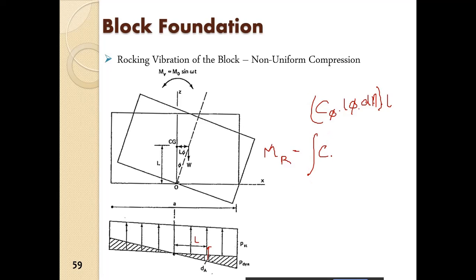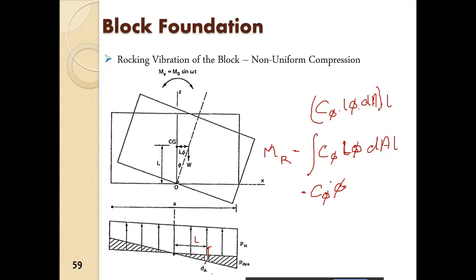So we have C phi, L phi, that is L into phi, dA into L. Okay, so C phi and phi we can take out, because those two are constant at a particular moment.